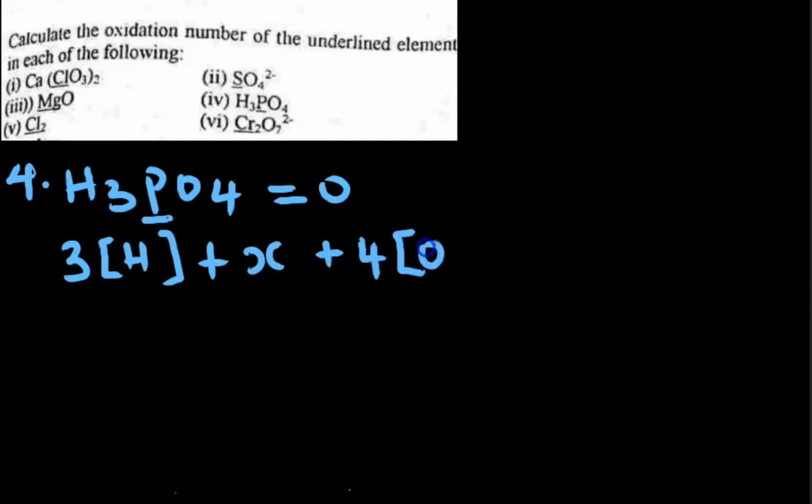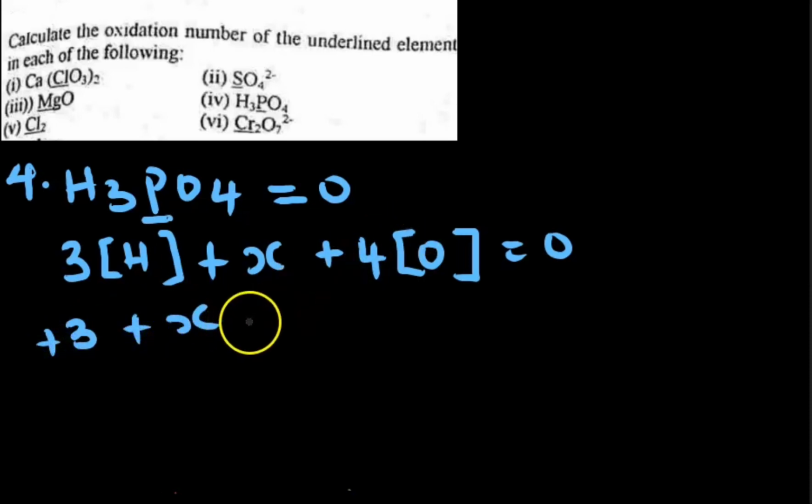So it is 3H plus X, which is P that we are looking for, plus 4O is equal to 0. So 3 times +1 is +3, plus X.